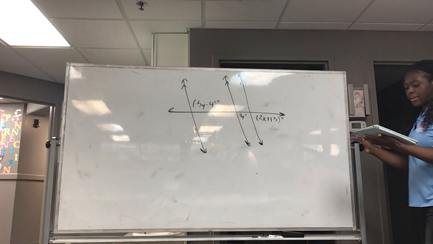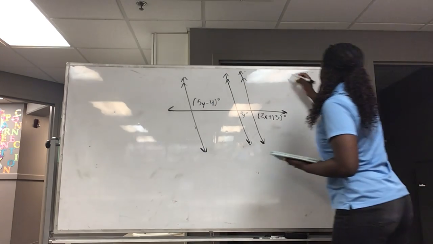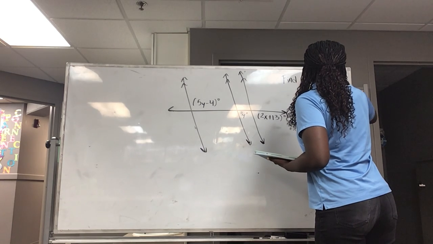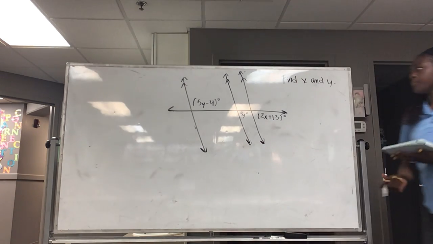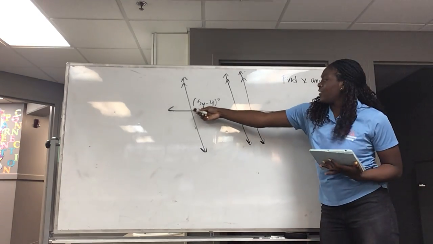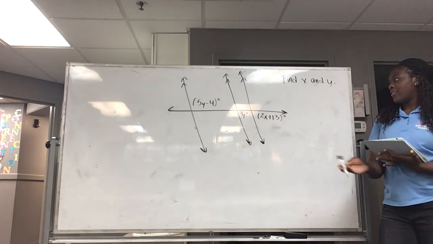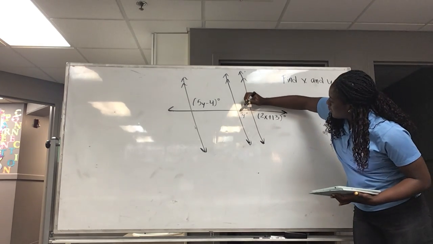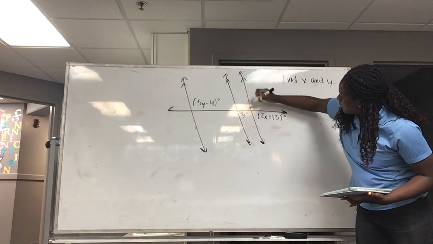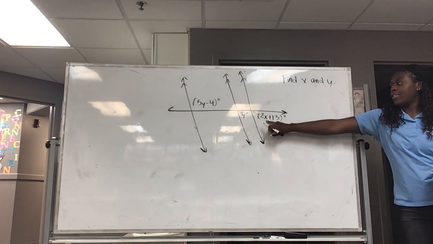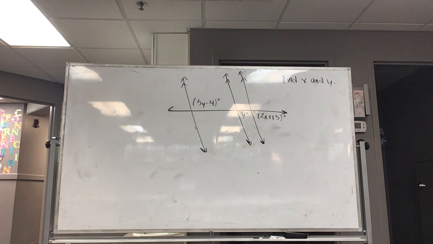So here's my figure, and then I'm going to have you guys, just like before, find x and y. This time I told you what, so I'll put into this angles, but this one right there is 5y minus 4. That one on the other side in this corner is 3y degrees, and then in that corner is 2x plus 13 degrees.